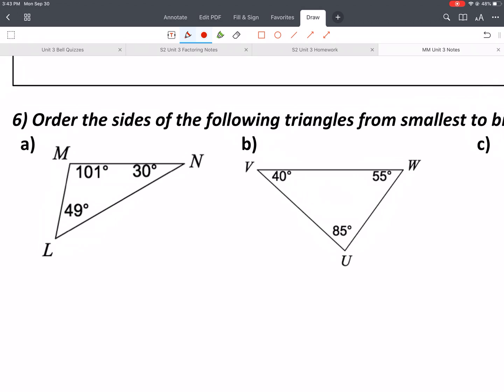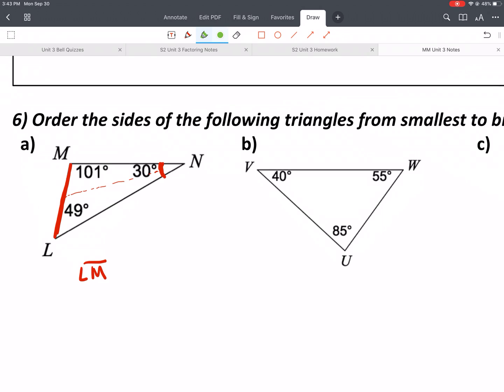So we'd start with the smallest angle. So this is the smallest angle, which is 30, and the opposite side of that angle would be this side. This would be the shortest side. So the shortest side would be LM.